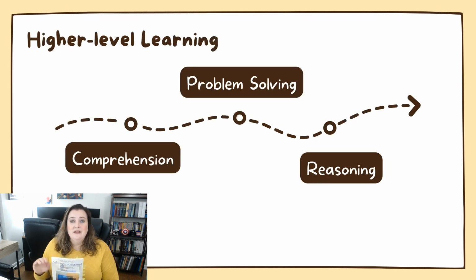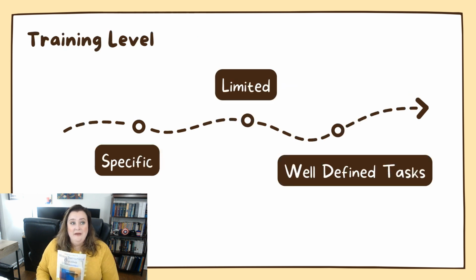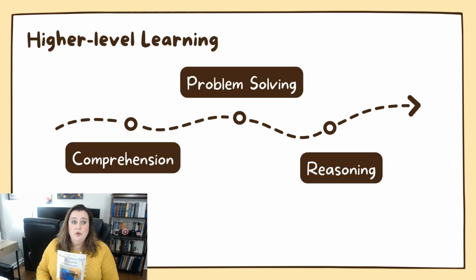This is in contrast to the higher level learning, which we're going to talk about: comprehension, problem solving, and reasoning. So you can see the contrast between the 2 types. When you're thinking about writing learning objectives, you're going to have this training level or higher level learning.